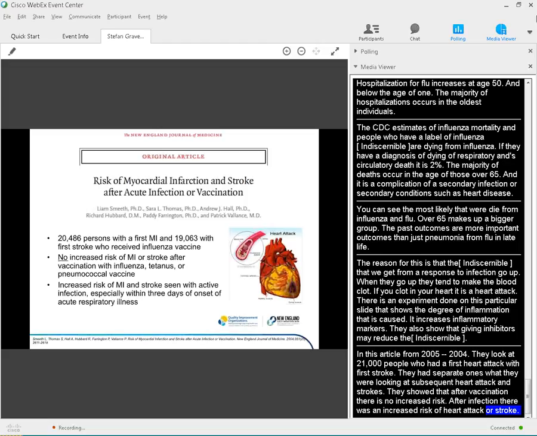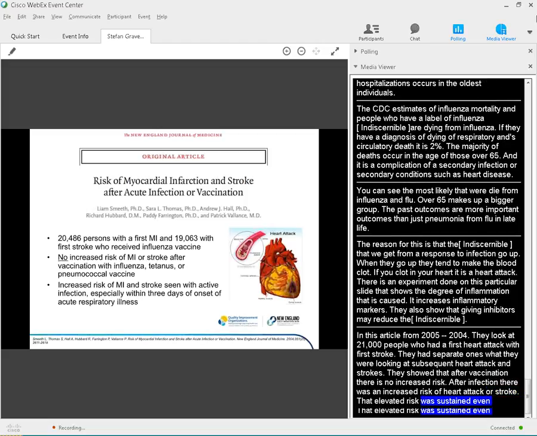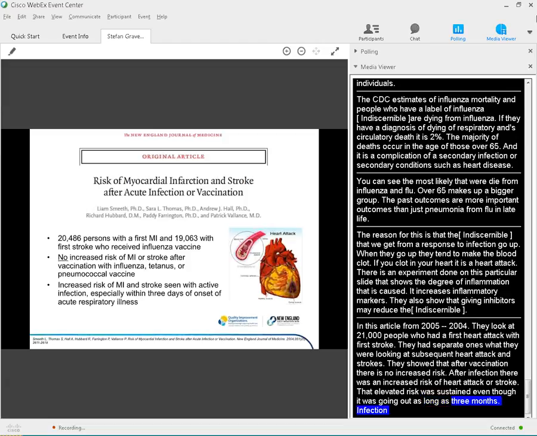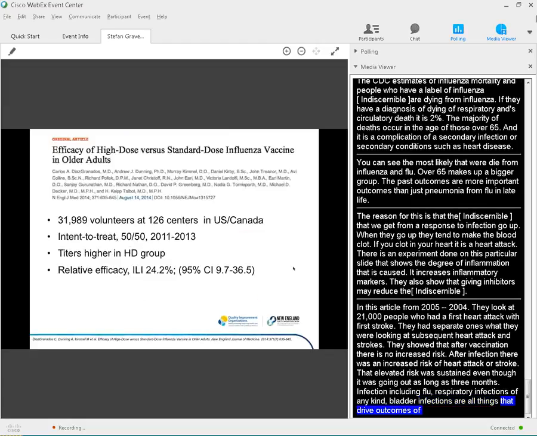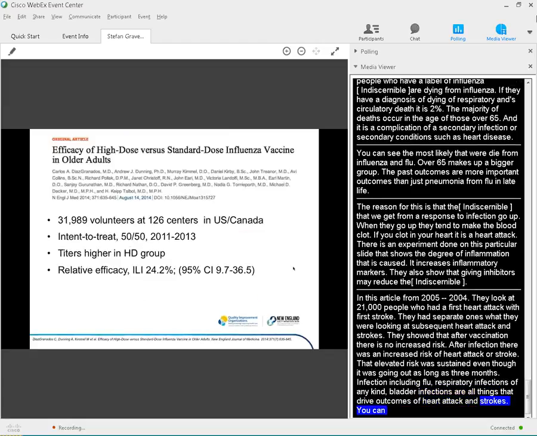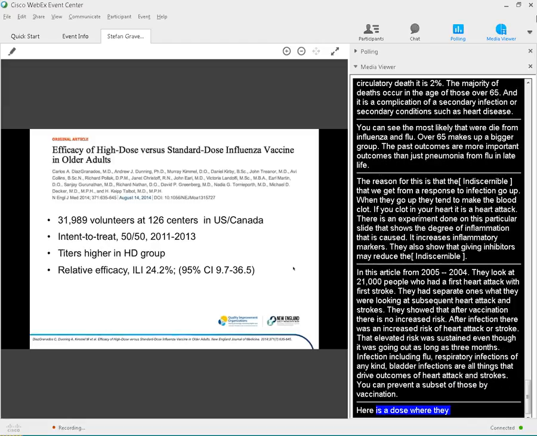So infection, including flu, respiratory infections of any kind, bladder infections, are all things that drive outcomes of heart attacks and strokes, and you can prevent a subset of those with vaccination. So here is a dose where they compared high-dose flu vaccine against an active comparator, standard dose vaccine.